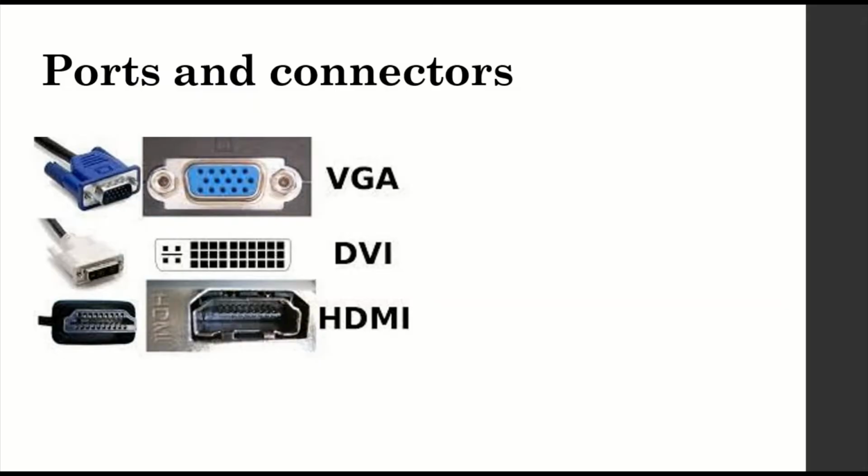So that cable on the left side will be connected to those holes on the right side in the first row. The holes which are receiving the pins from the cable are called ports. Then the pins at the end of the cable are called connectors. So a connector connects to a port.